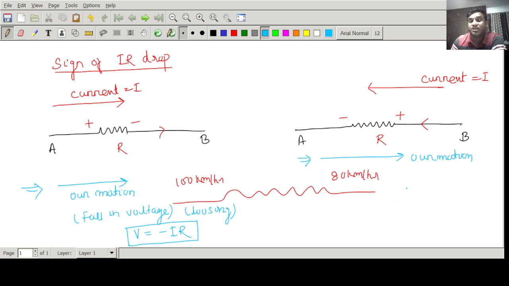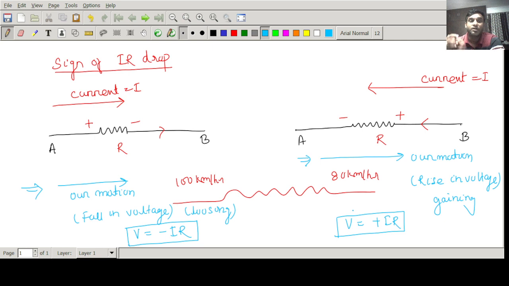That means here there is a rise in voltage. That means I am gaining something. So if I am gaining something, the voltage should be positive. So I can write down here V equal to plus IR.